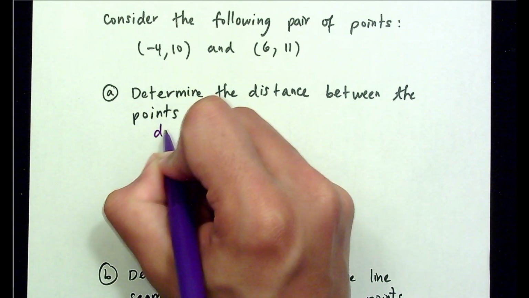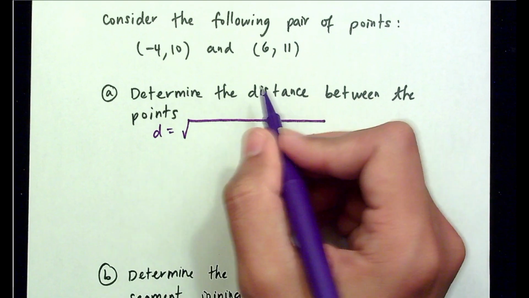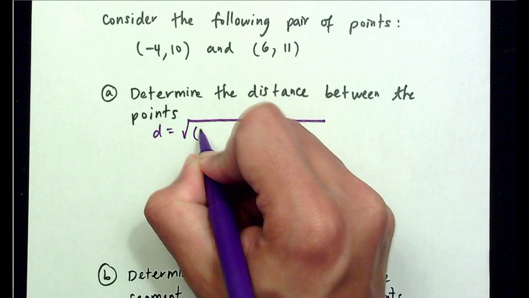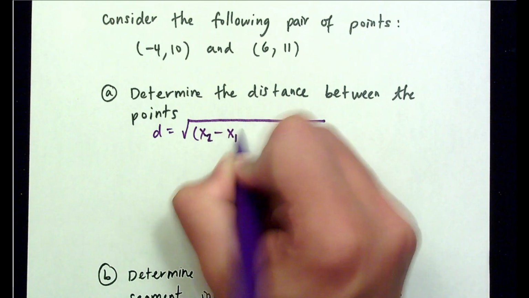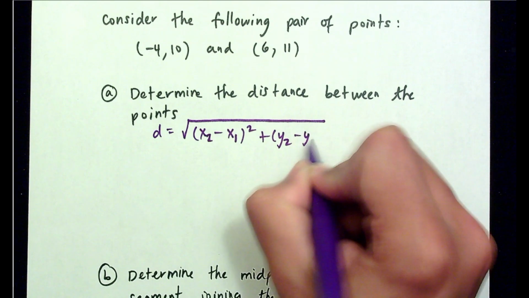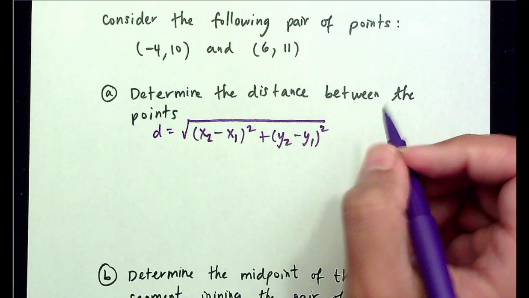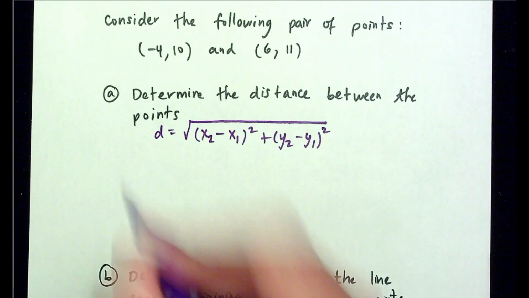The distance is the square root of, subtract the x's, x2 minus x1 squared, plus subtract the y's, y2 minus y1 squared, so you add and then take the square root. That is the distance formula.